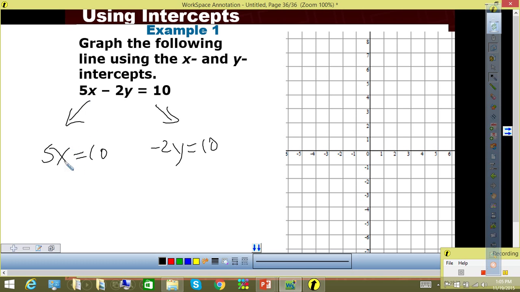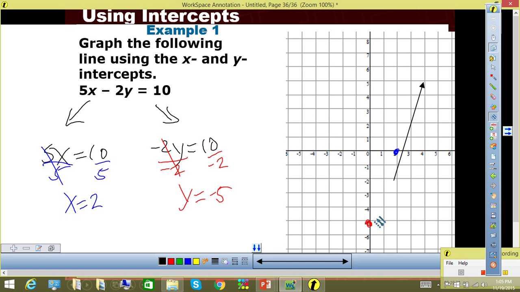Here I have to solve for y. That's just for me to keep organized. So here I just finished solving for x. x equals 2. Therefore it goes there. Divide by negative 2. y equals negative 5. And that goes right there. And we can call that the Q method if you want.